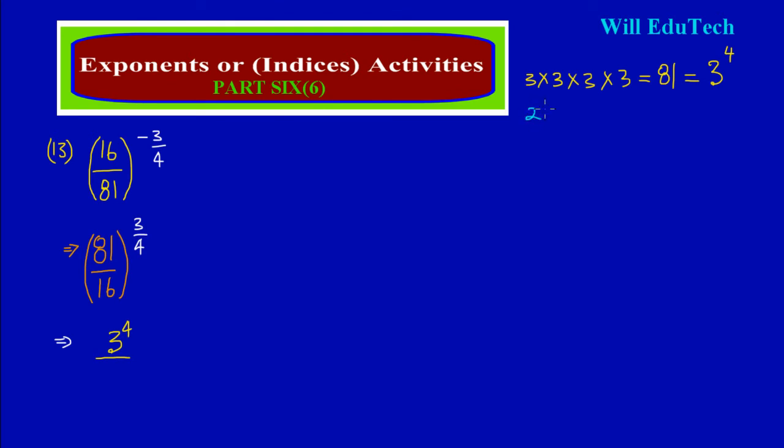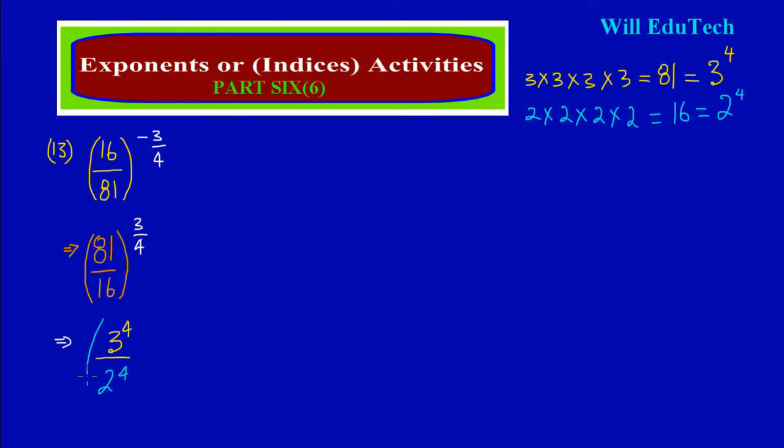Now we know that 2 times 2 times 2 times 2: 2 2s give me a 4, 4 2s give me an 8, and 8 2s give me a 16. So 16 can be written as, since I have a common base 2, I rewrite my base 2 and count the 2s, 1 2 3 4, and that's 4 up top. So I can write 16 in my denominator as 2 to the 4th power.